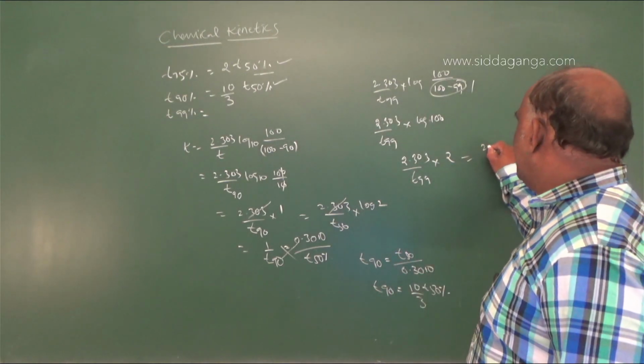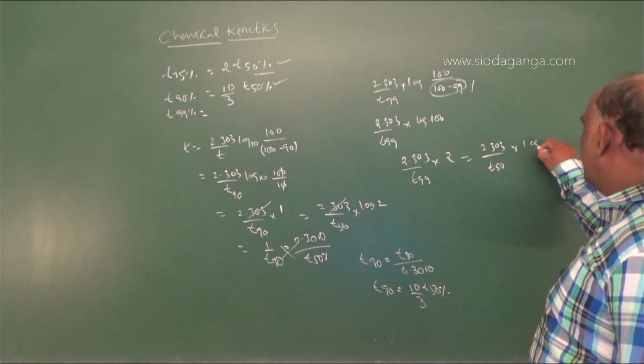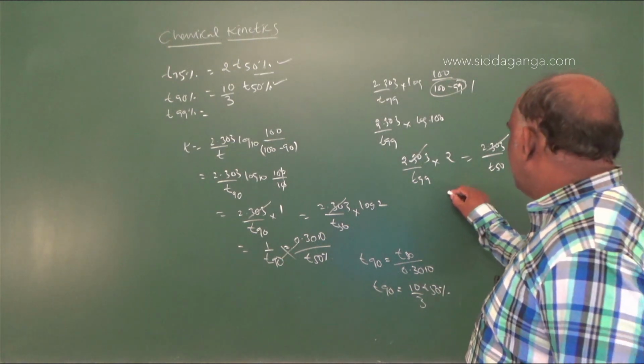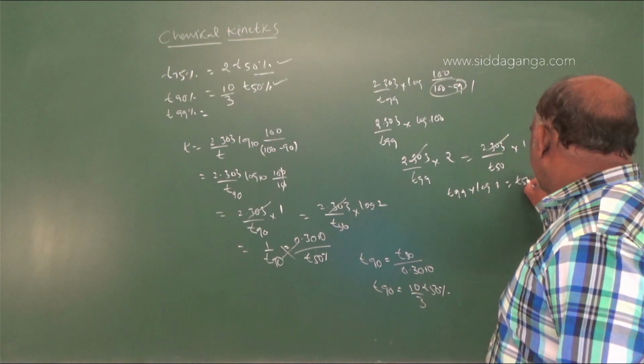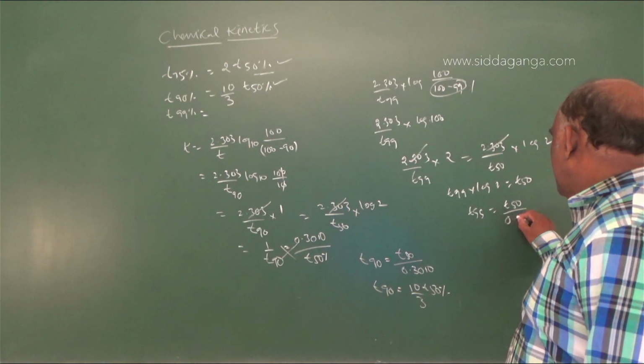And on the right-hand side we know it is 2.303 by T50 log 2. 2.303 and 2.303 get cancelled. Then what remains is T99 into log 2 is equal to T50. So T99 is equal to T50 by 0.3.